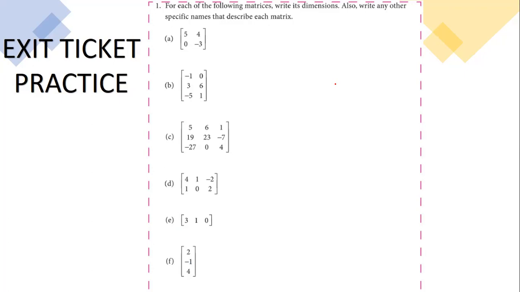Anyone needs a little more time or we're ready to go over it? We're good? Ready to go over it? All right. Okay. A, what are its dimensions? And does it have any special characteristics? Perfect. Oh, we're so smart. What about B? Perfect.